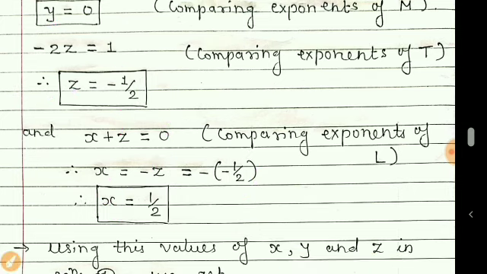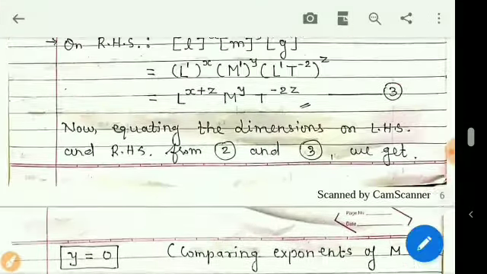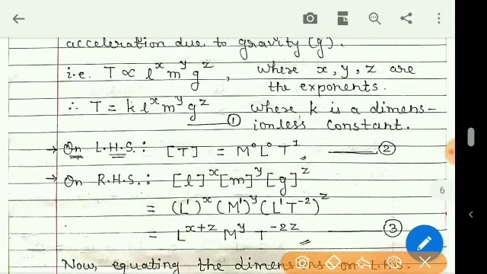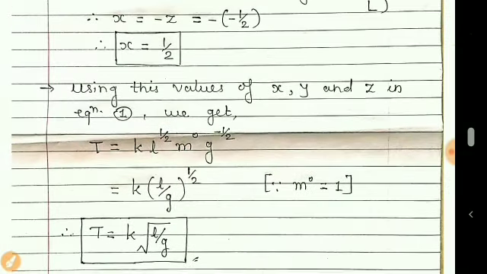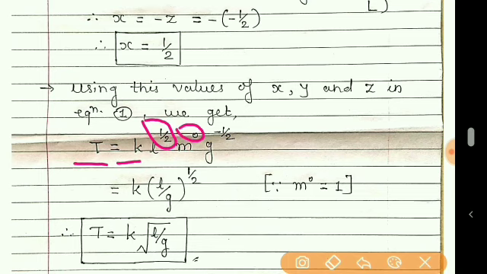Using these values in equation number 1, what will we get? We will get T is equal to k L raised to 1 by 2, M raised to 0 and g raised to minus 1 by 2.